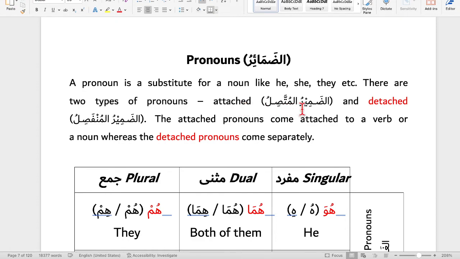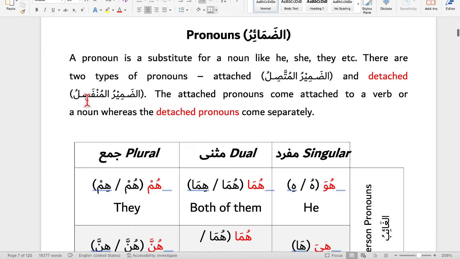Attached pronouns come attached to a verb or a noun, whereas the detached pronouns come separately.